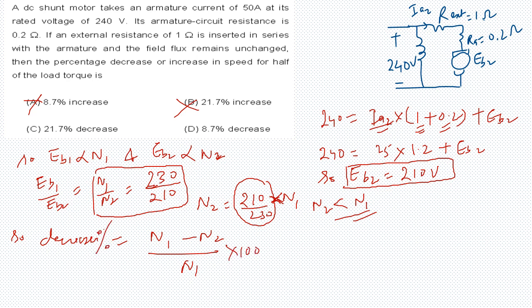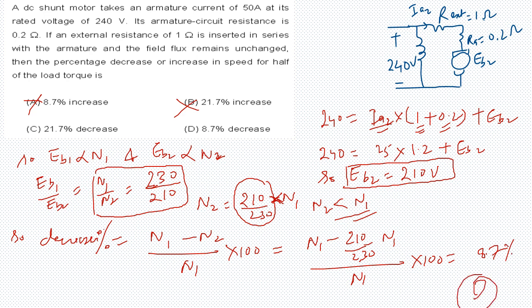N2 is 210 over 230 into N1, so this is N1 minus 210 over 230 into N1, over N1, into 100, and if you calculate this, it comes out to be 8.7%, which matches option D. So there is going to be a decrease of 8.7%. This is how you need to solve questions related to resistance inserted in series with the shunt motor. Thanks for watching.